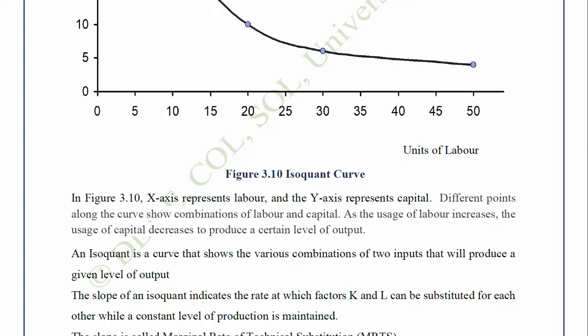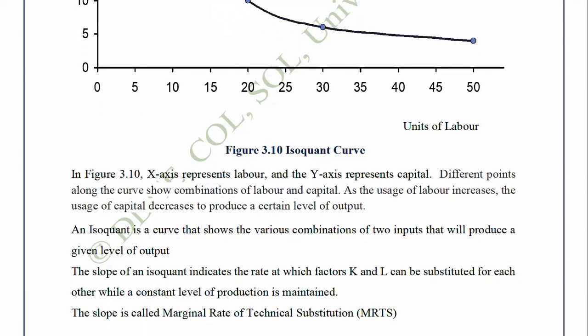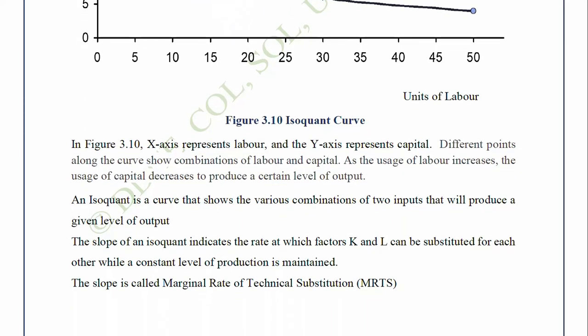In Figure 3.10, the x-axis represents labor and the y-axis represents capital. Different points along the curve show combinations of labor and capital. As the usage of labor increases, the usage of capital decreases to produce a certain level of output.